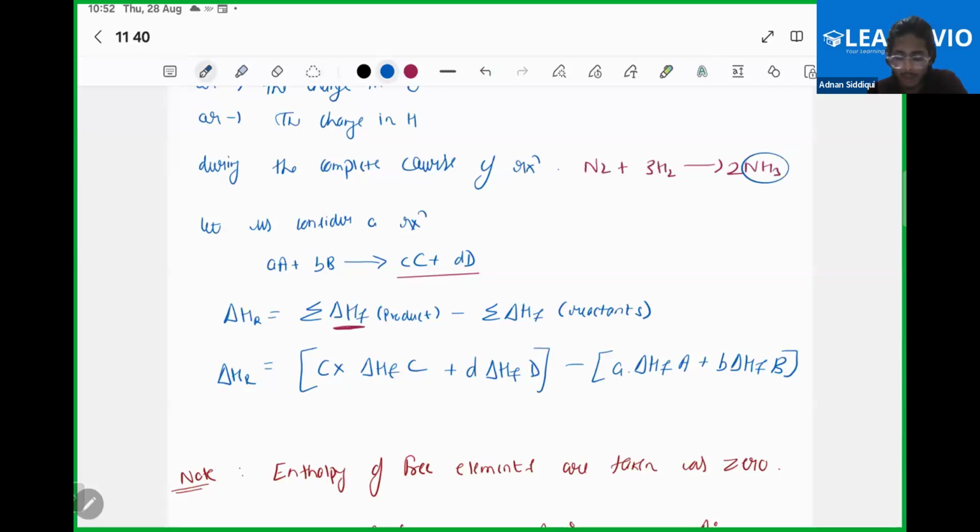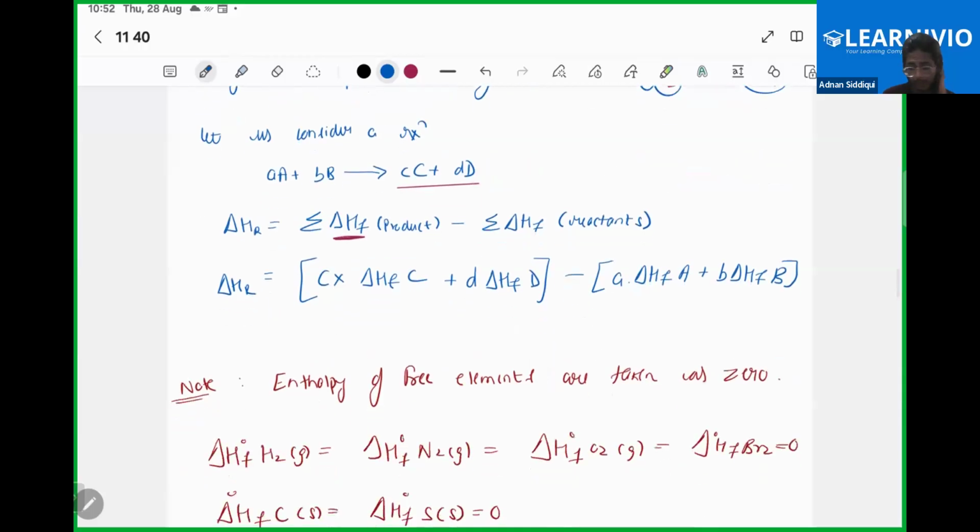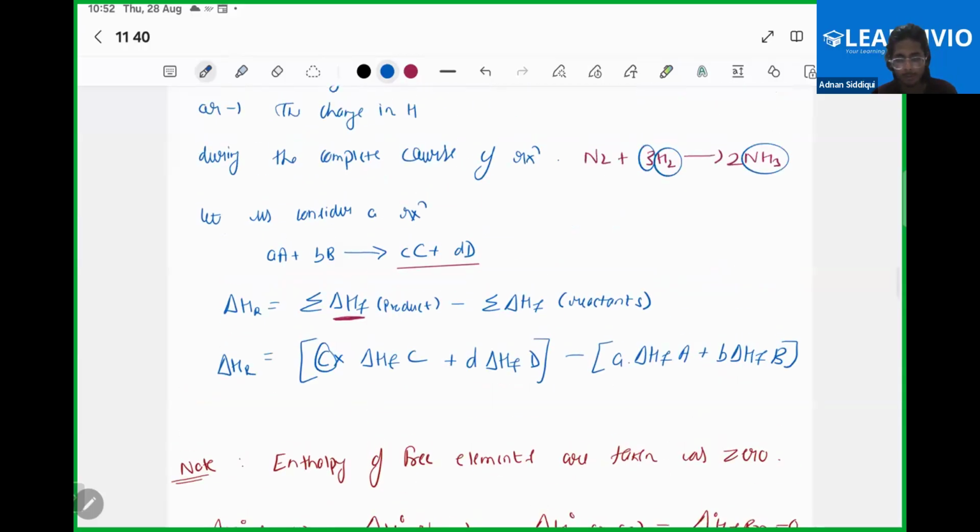This number is a constant, and this is your actual molecule. So if I relate it here, this c is just the stoichiometry, the constant, the number of moles, and this capital C is your actual molecule. For the molecule, you have to use the delta H formation because the molecule is formed in a way. And we will put this and subtract it with the reactant. And this is your heat of reaction. Is it making sense?